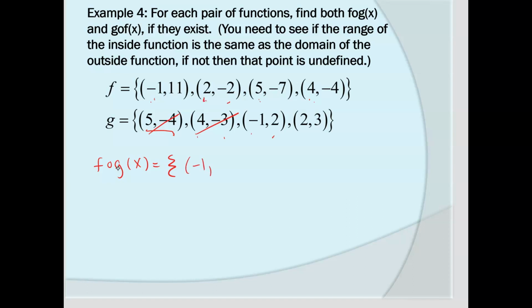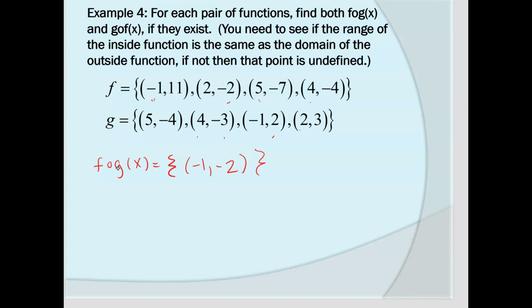So -1 maps to -2 because they match. 2 maps to 3. No 3. Does not exist. So f of g of x only lives at one point, and that one point is -1, -2.